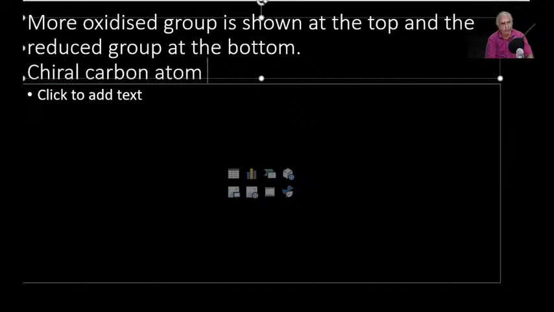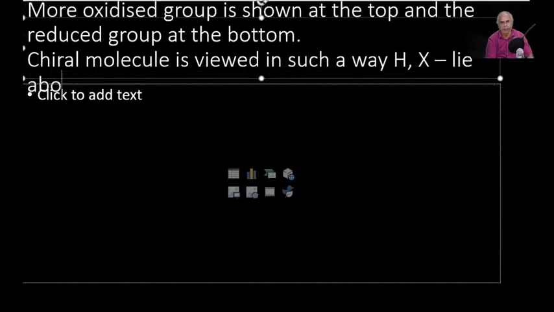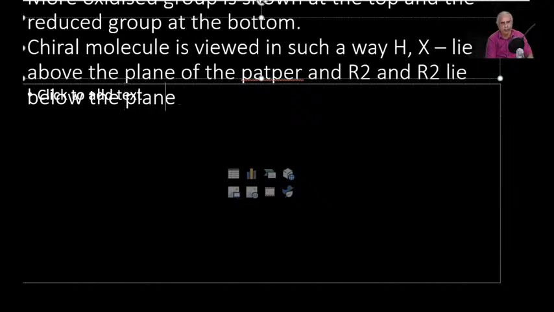Chiral molecule, because we are talking about molecules, should be viewed in such a way that hydrogen and the halo group lie above the plane of the board, the plane of the paper, and R1, R2 lie below the plane of the paper.